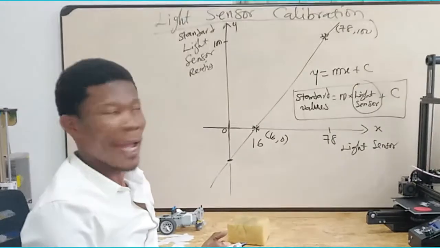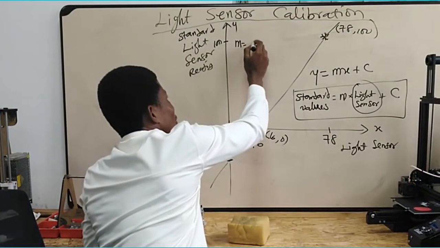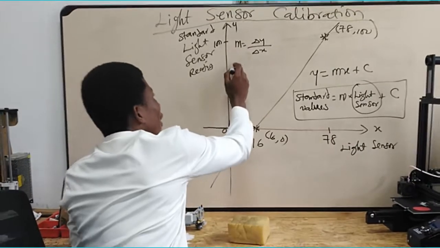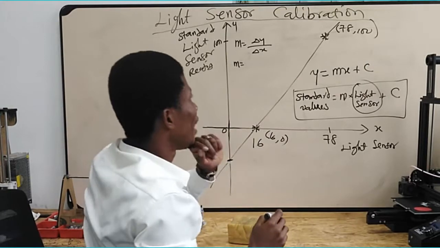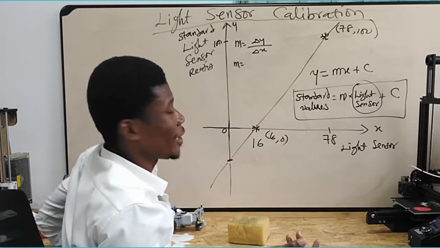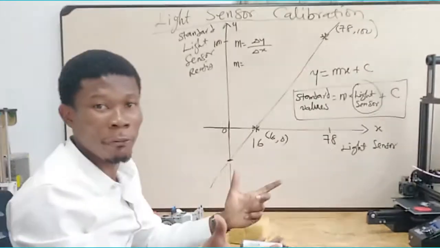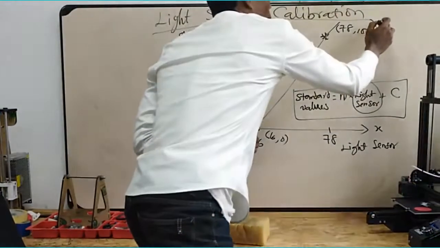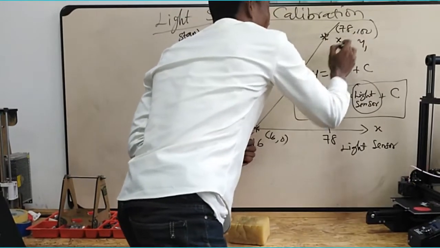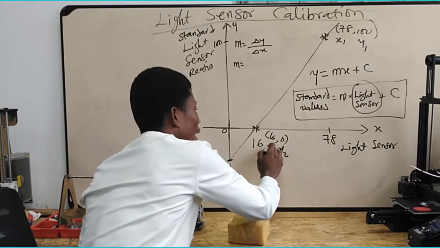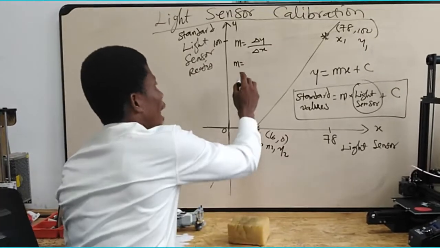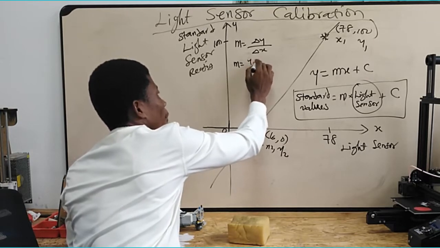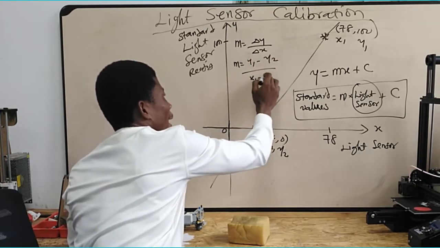Let's go ahead and find our m. So our m is, as you know, change in y over change in x. We pick one point as our point 1 and another as our point 2. So I'll name y1, x1, y2, x2. Our gradient will be y1 minus y2 over x1 minus x2.